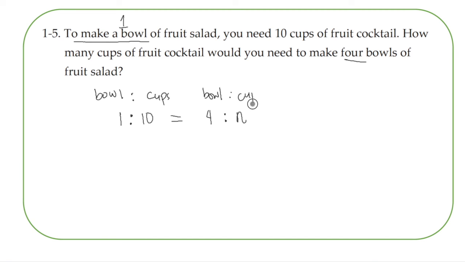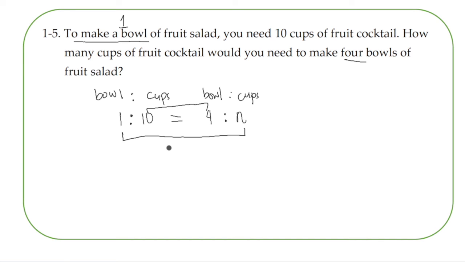Bowl, cups. Okay, bakit ako gumamit ng letter N? So, para hindi kayo masanay na laging X yung nakikita. Kasi sa variable, pwede kayong gumamit ng kahit anong letter. Yan. Ngayon, we're going to do the same process that we did earlier sa part 2. So, imumultiply lang natin yung extremes and means.